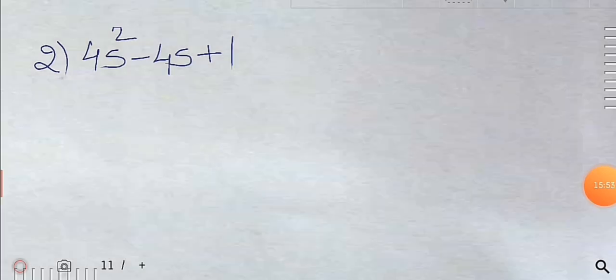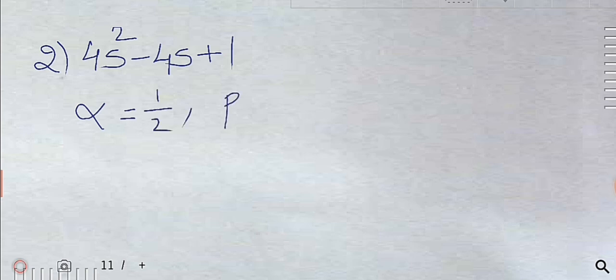Now let's verify the relationship. Alpha equal to 1 by 2, beta equal to 1 by 2. What are alpha and beta? Alpha and beta are variables which are used to represent zeros of a polynomial. For a quadratic polynomial we have 2 zeros. Those 2 zeros are represented with one as alpha, the other as beta.